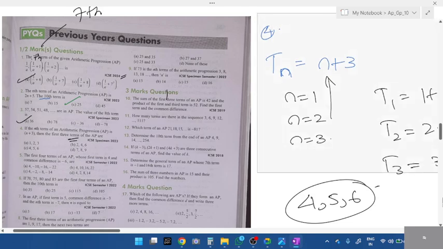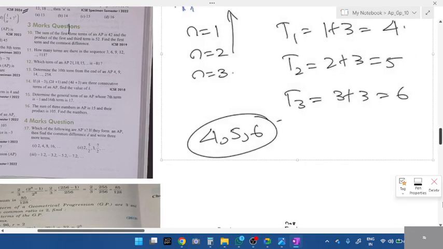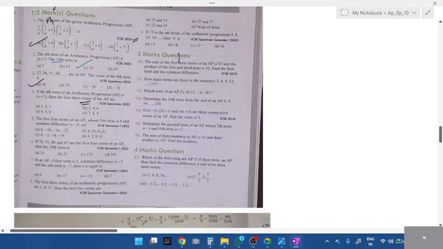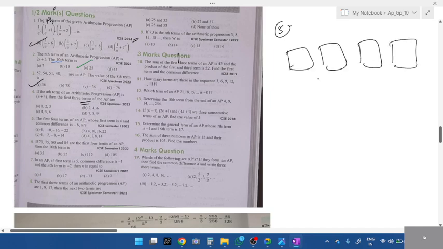Okay, let me erase this. Fifth question. The first four terms of an AP. Look here, first four terms. Are first four terms given, students?